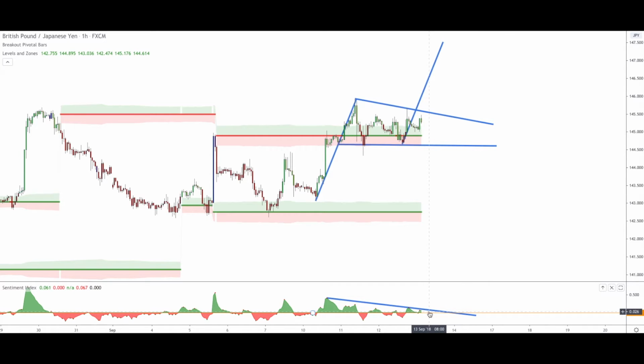So what happens is that it might move in two different directions. It either breaks up, and this is what we are looking for. If we have a breakup happening at the same time as a breakup of this consolidation with a green candle, then we have a setup. The other thing that could happen is that the sentiment index turns bearish.